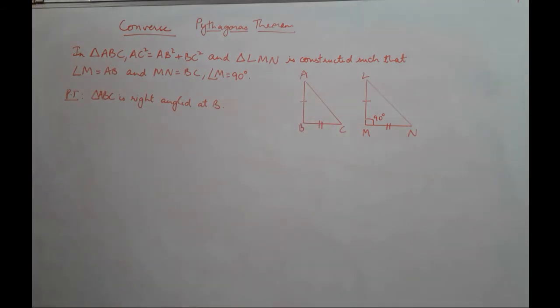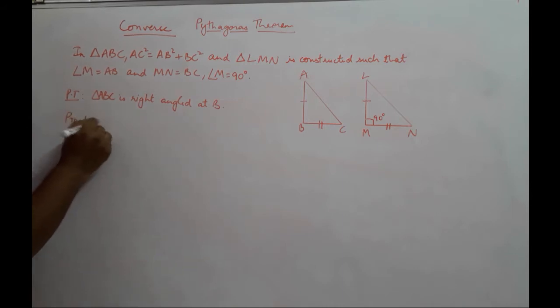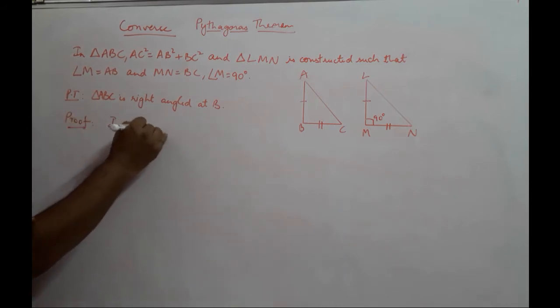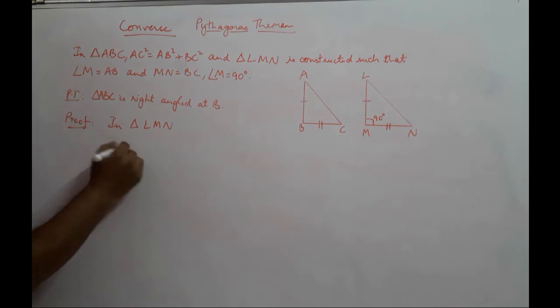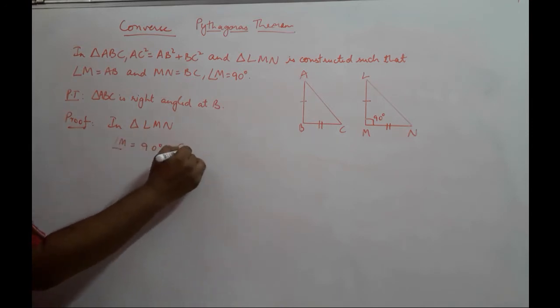So let's begin with what we have been given, that is in triangle LMN. So we'll write this as proof and begin. In triangle LMN, we are given that angle M is 90 degrees. So we say angle M is equal to 90 degrees, and that is given.